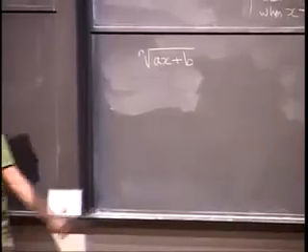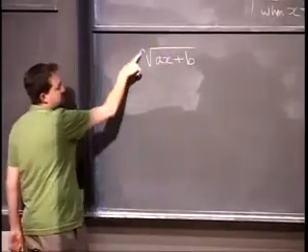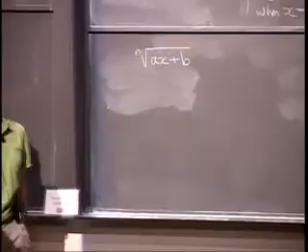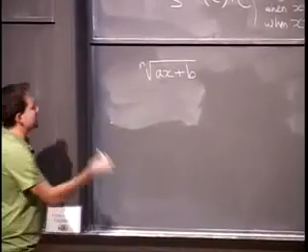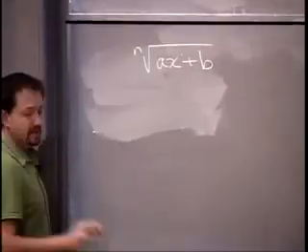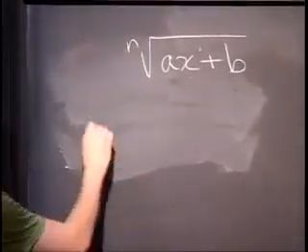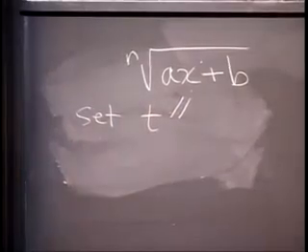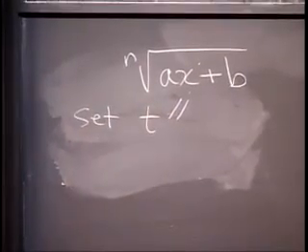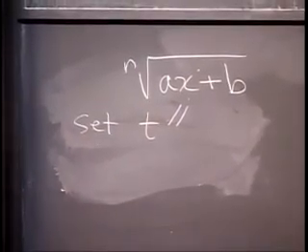If there's a square in here, and this is a square root, we'll do that in a couple of weeks. That's probably a trig substitution. But if there is something like this, then I recommend that you do the following. Just set t equals this, and then try to work it through.